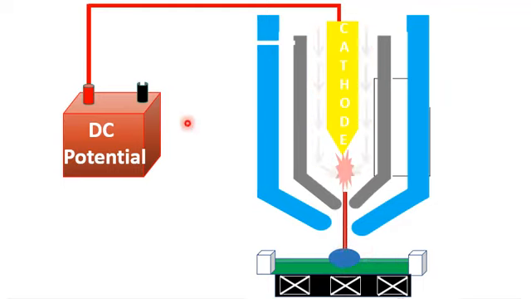So let's conclude the plasma arc igniter system. Basically, the plasma arc igniter system consists of a cathode, an electrode, as well as an anode. The anode nozzle of the plasma arc igniter acts as the anode.